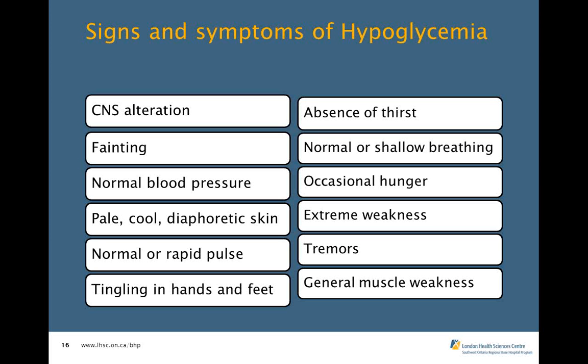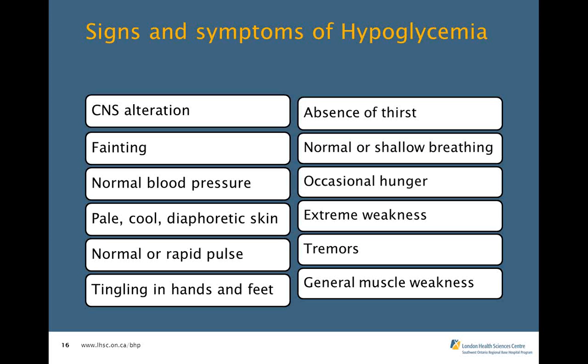And often the most important thing that happens is the person will become irritable, they lose their focus and their ability to concentrate, and often a diabetic will understand at that point that they are becoming hypoglycemic, and they'll do something about it. They'll have an extra snack or take some sweetened orange juice, for example.